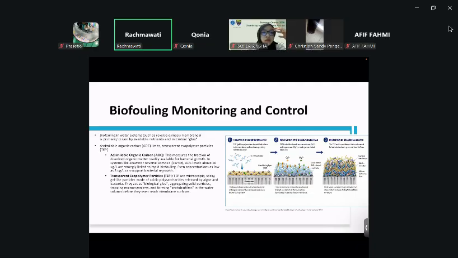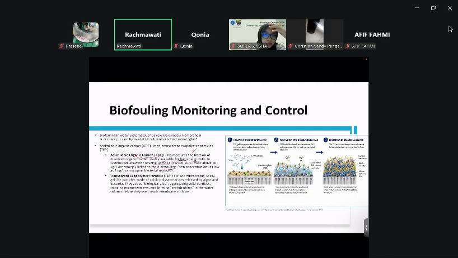The assimilable organic carbon, AOC, measures the fraction of dissolved organic matter readily available for bacterial growth. In systems like seawater reverse osmosis, AOC levels above 50 are strongly linked to rapid biofouling. So you check your system and you want to know the AOC value. If it is above 50, it means that your system is more prone to fouling.